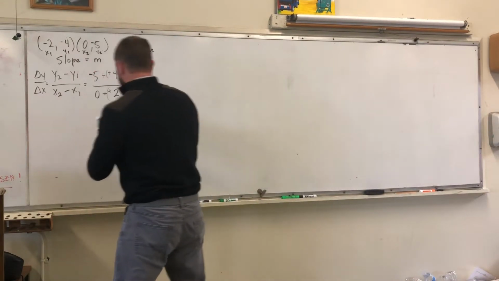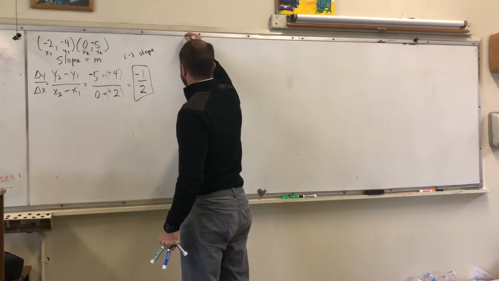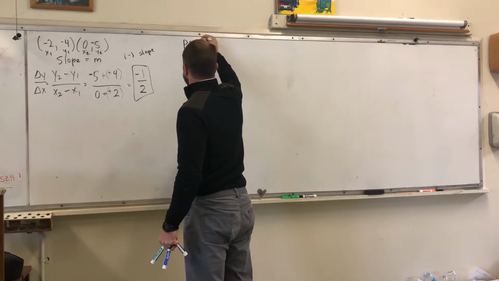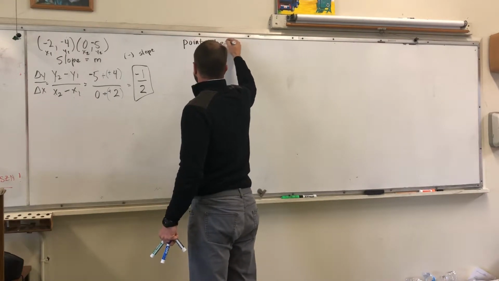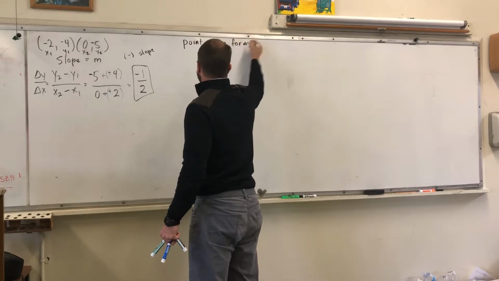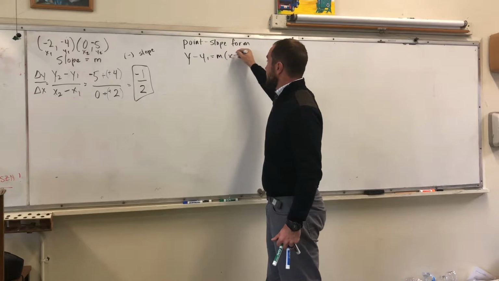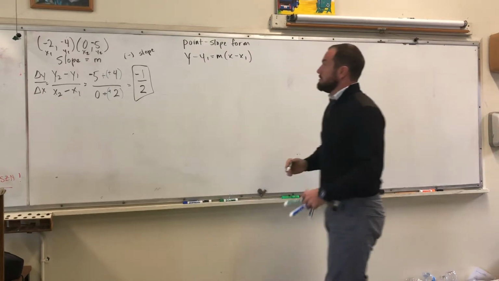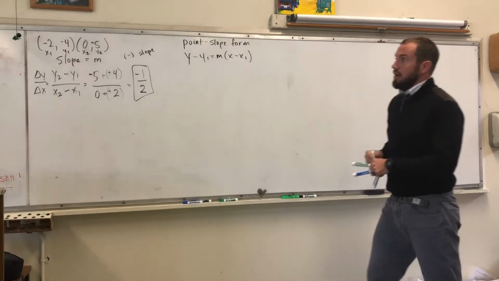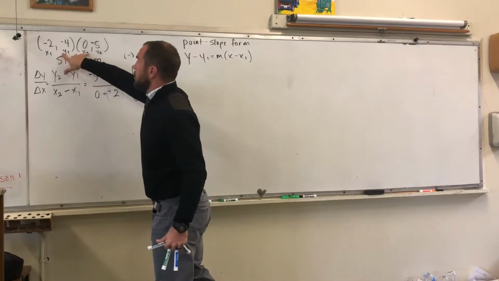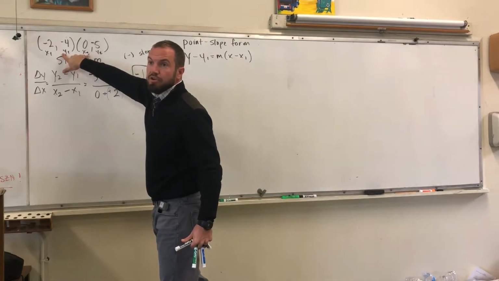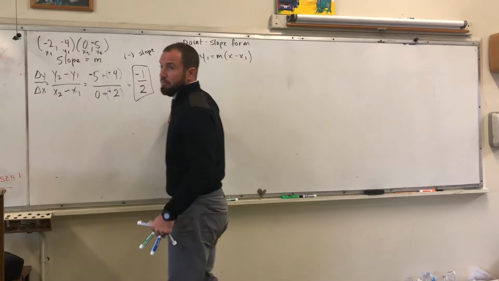Now, what we want to do is get ourselves to slope-intercept form. So what we want to start with is our point-slope form: y minus y1 is equal to m times x minus x1. Okay? Remember, either coordinate you choose will give you the same slope-intercept.